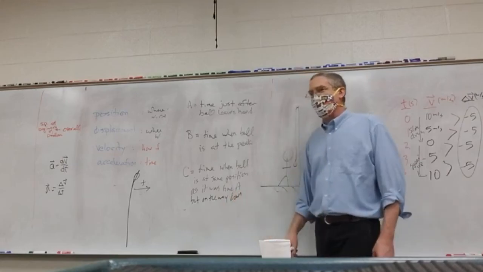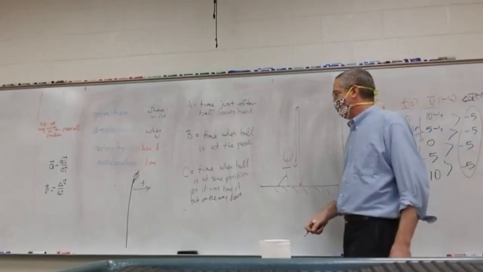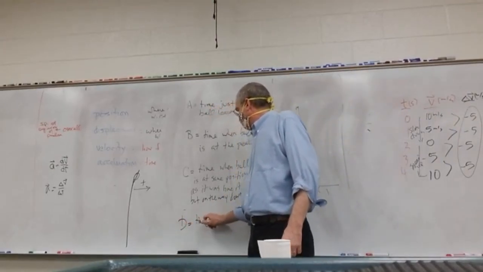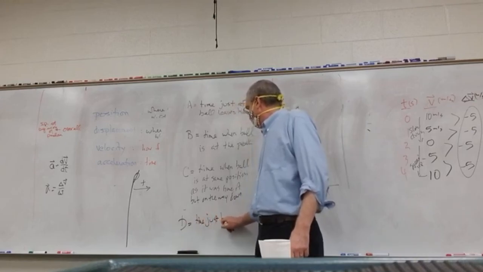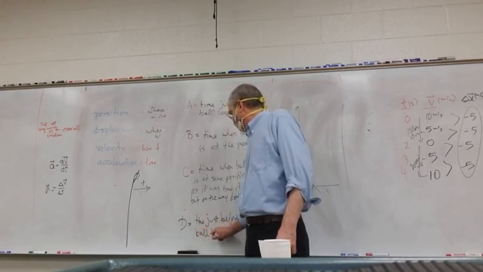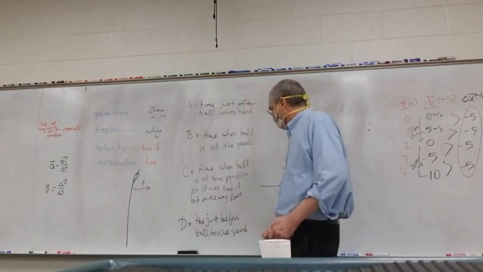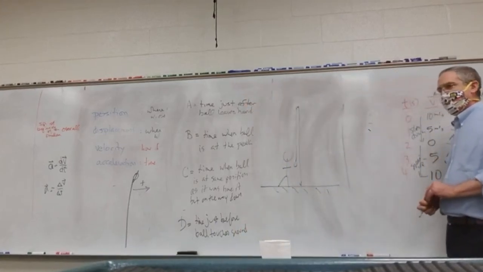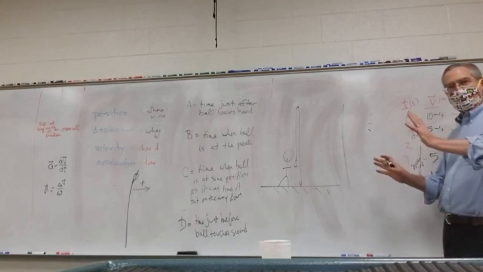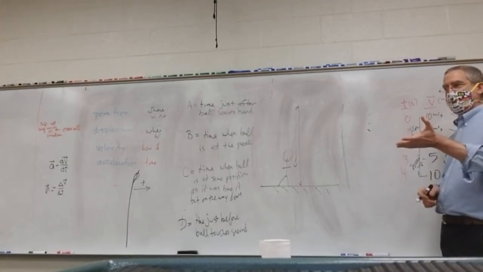So at time A and time C, the ball's in the exact same location, just at time A it's going up, time B, C it's going down. And then D, time just before ball touches ground. All right, questions up to here about the problem that's being laid out so far? I need to do a couple more things before I set you loose.